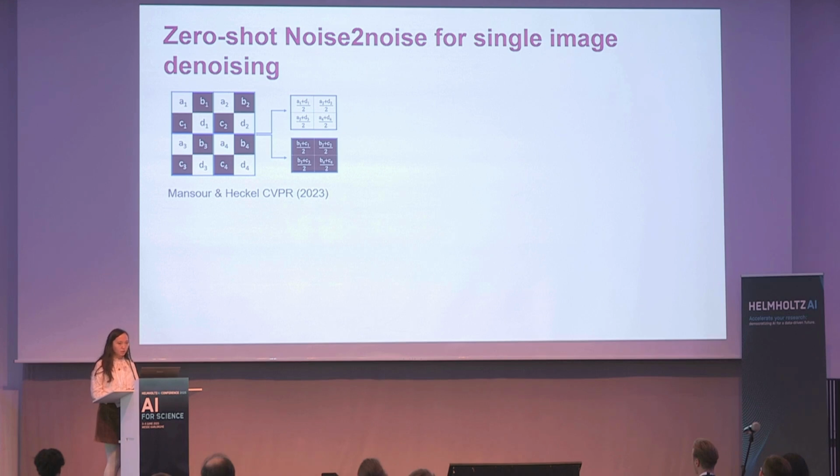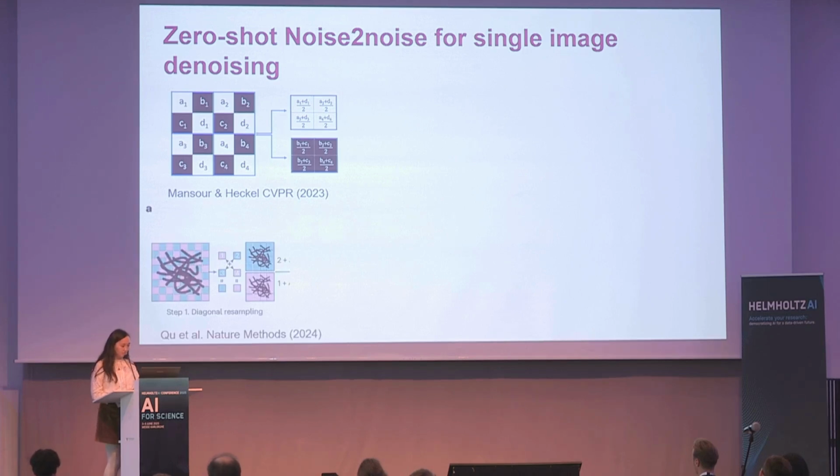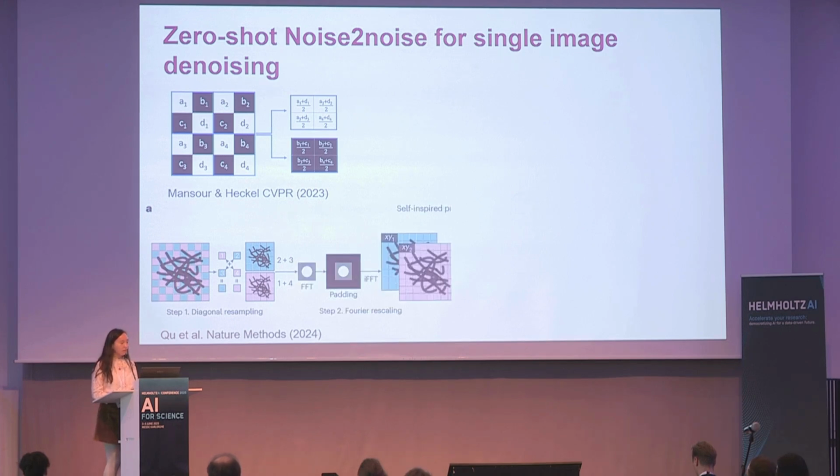That serves as two noisy versions of the same image. And indeed, that works. Another group took these ideas and applied them to bioimages. They basically split it, and then also upsample it to the original resolution. Those are some detailed tricks, but the essential idea is to create two noisy versions of the same image.